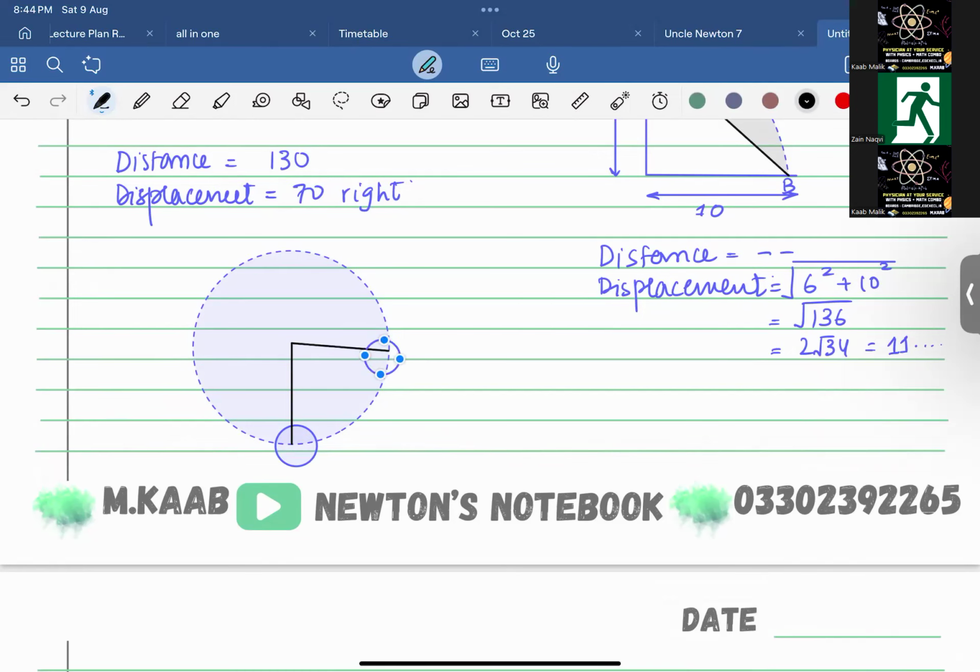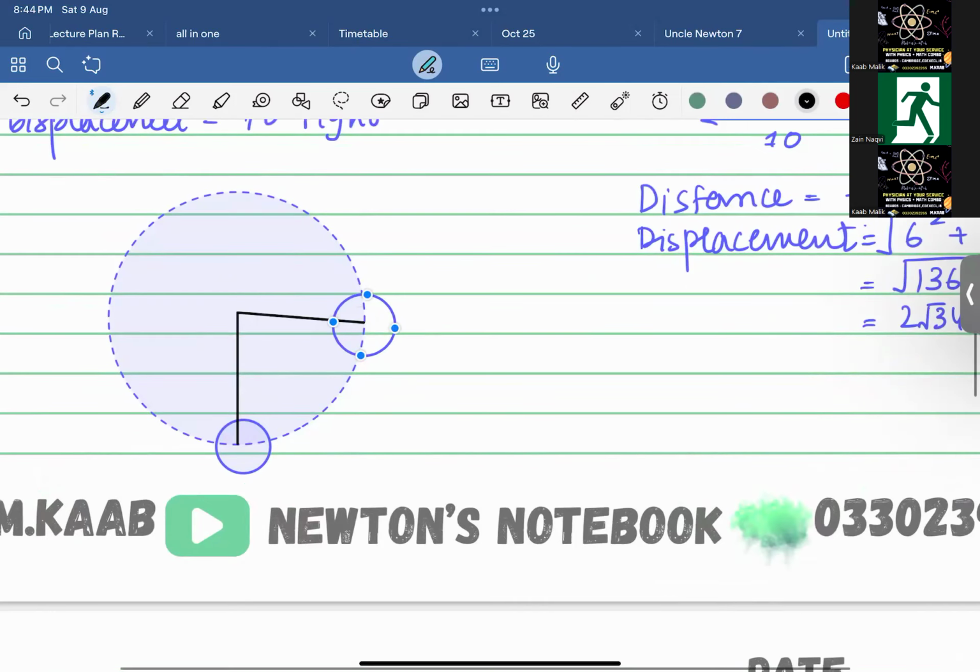So it has covered the arc of the circle path. Can you tell me how much distance it covered and the displacement as well, if I gave you the radius as 6?